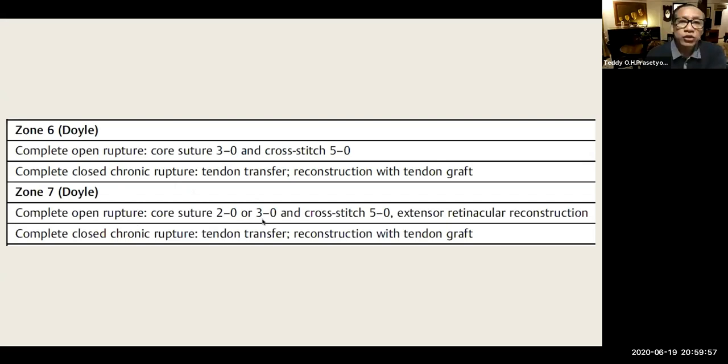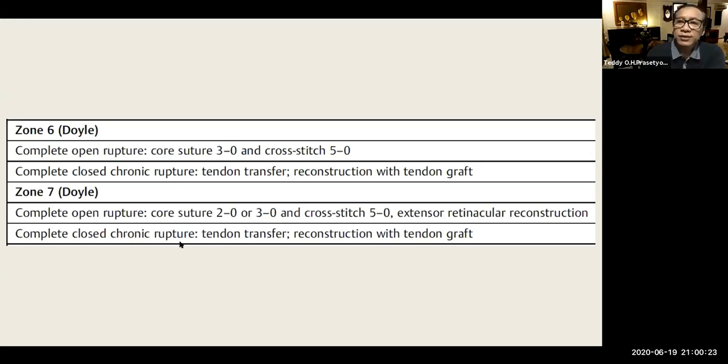Then try to combine it with cross stitch or running suture with 5-0 at the periphery of the repair site. With the extensor retinaculum, you can provide reconstructions, right? Or if you do not get any tissue loss with the extensor retinaculum, you just repair it directly.